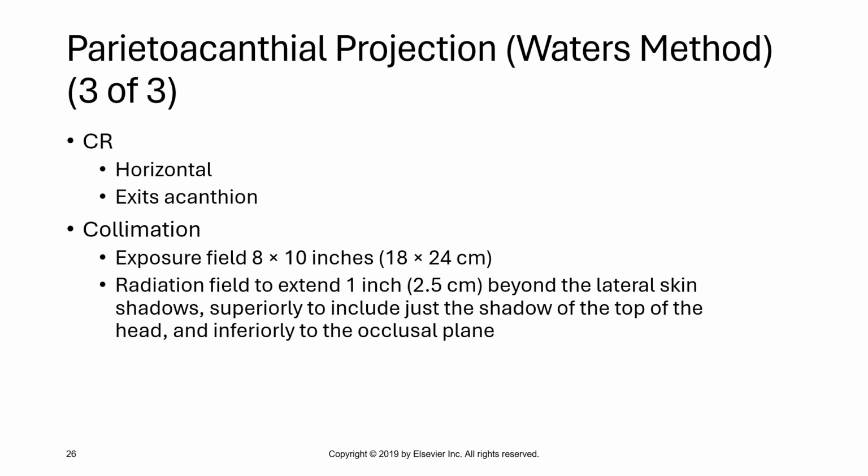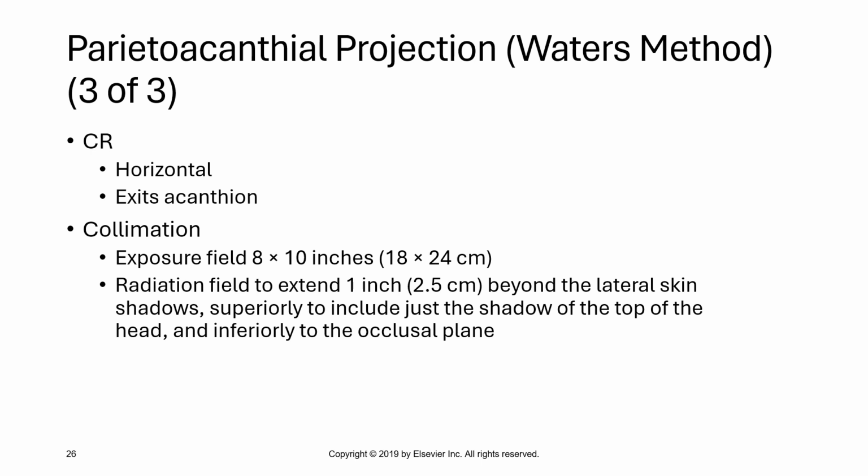Okay. Horizontal central ray, again, is crucial for sinus evaluation. We don't want to deviate from the horizontal central ray because we will not be able to see air fluid levels without a horizontal central ray. Okay. 1 inch beyond lateral skin shadows, again, open up to include the sides of the face. If you can see a little bit of light on each side of the head, then that's good.